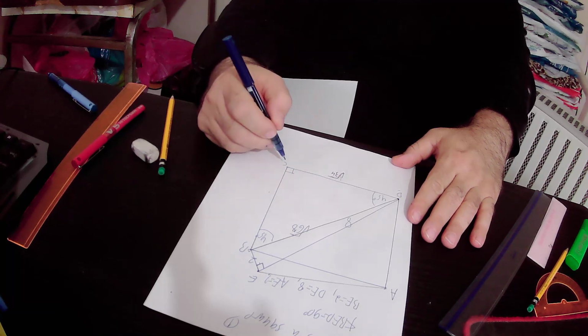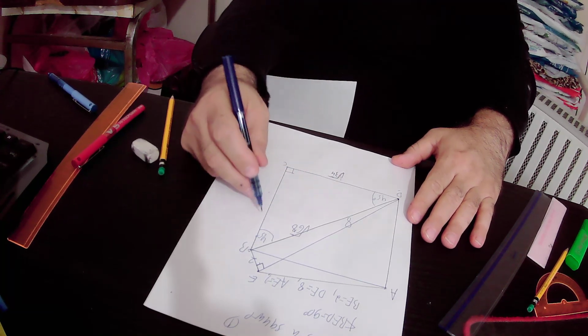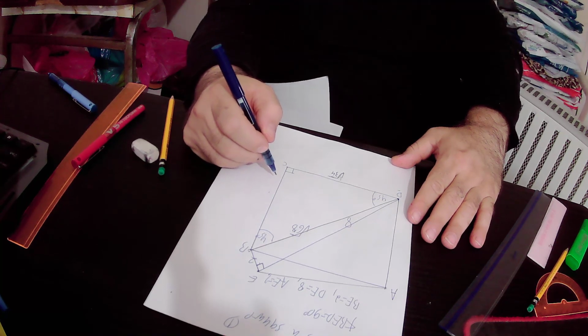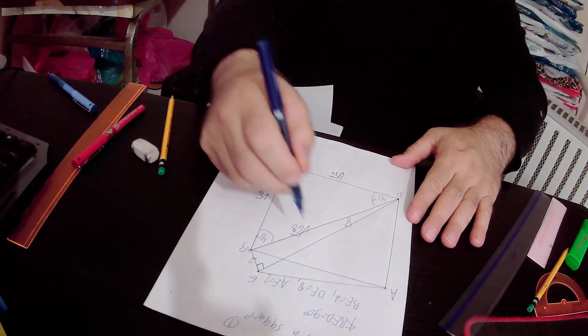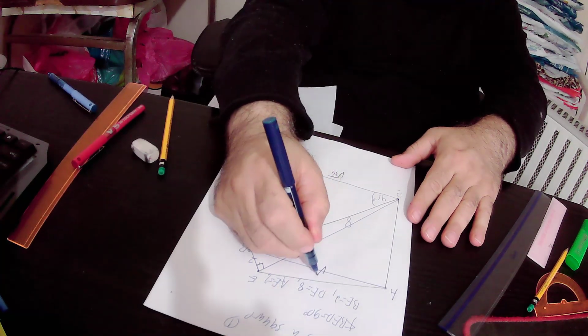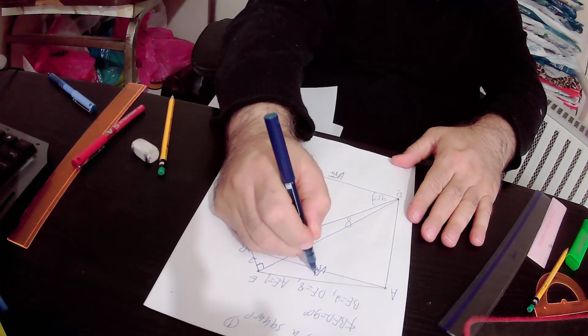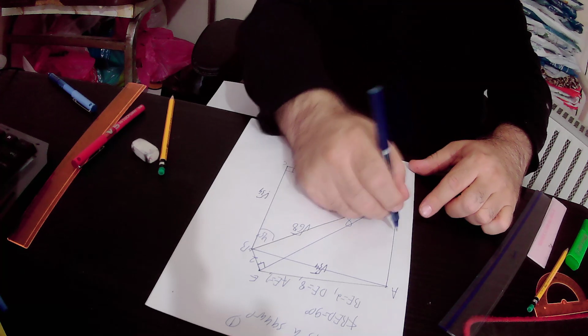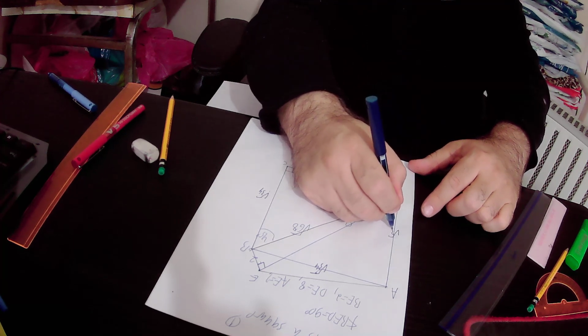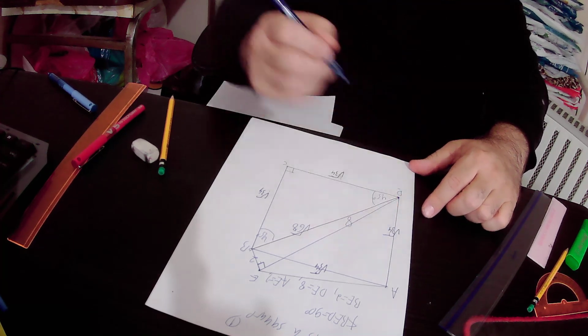So is also side BC of square ABCD. Side AB also equals the root of 34 units, and side AD also equals the root of 34 units.